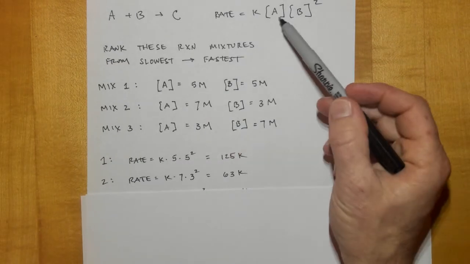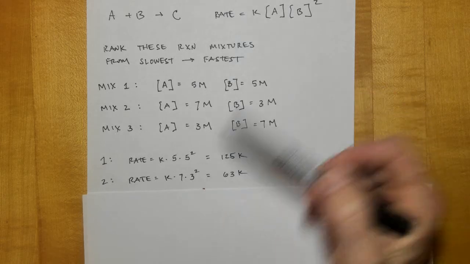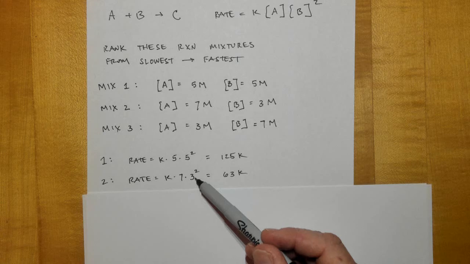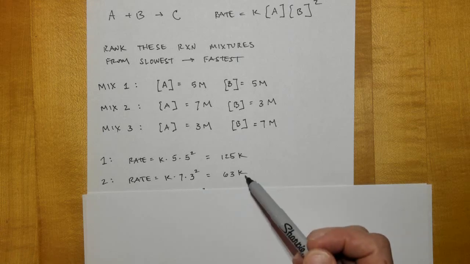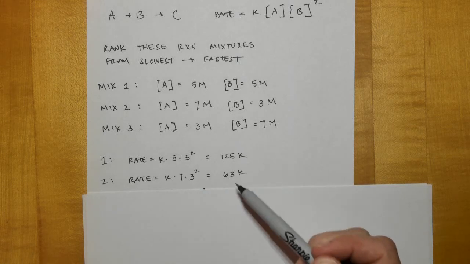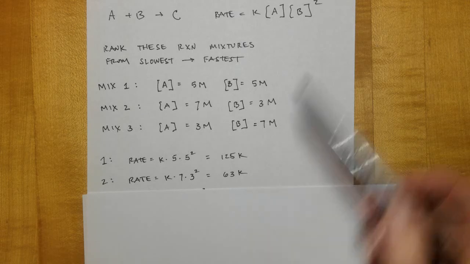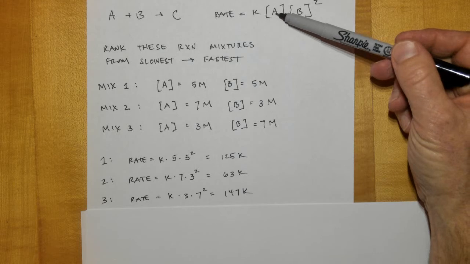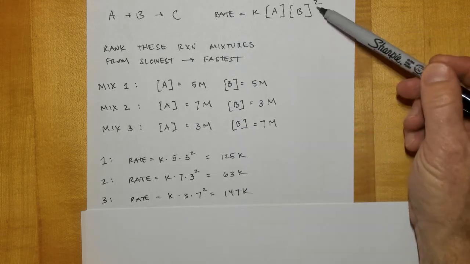Then for mixture 2, we'd take the 7 and put it in here for A and raise that to the first power. The 3, put it in here for B, raise that to the second power. 3 times 3 is 9, times 7 is 63, so we'd have 63K. Obviously this one's going to be faster than this one. And then the last one, we'd put 3 in for A, 7 in for B, and raise that to the second power.